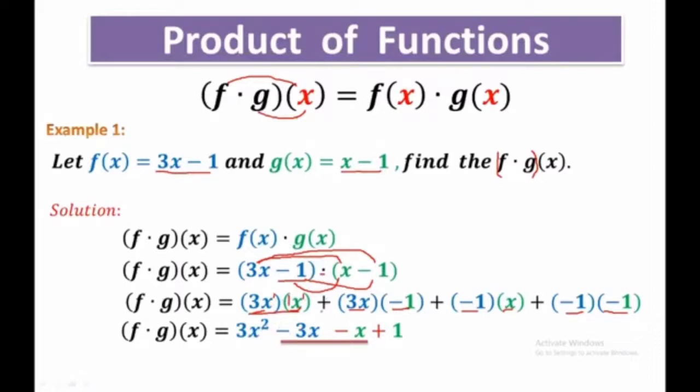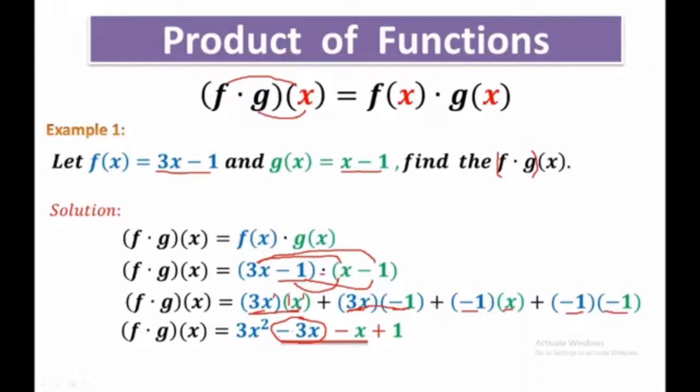The next term here, so plus 3x times minus 1, that is equivalent to negative 3x. Kaya nagiging negative dito. So take note of our sign. So nawala na yung plus dyan kasi negative na yung next term natin.